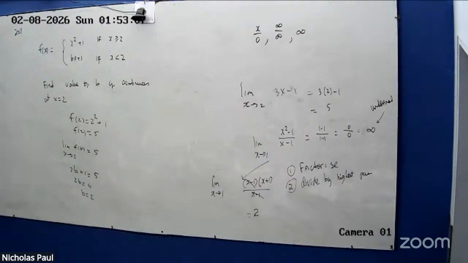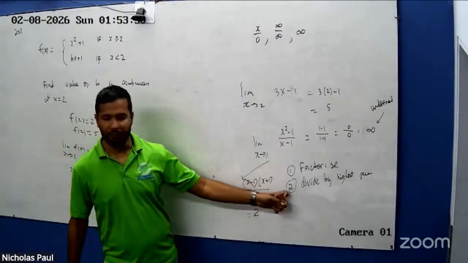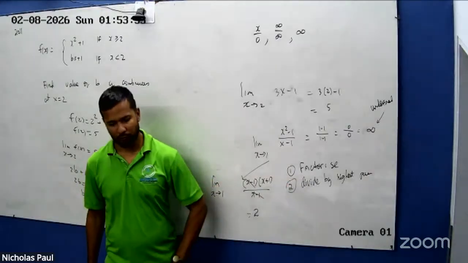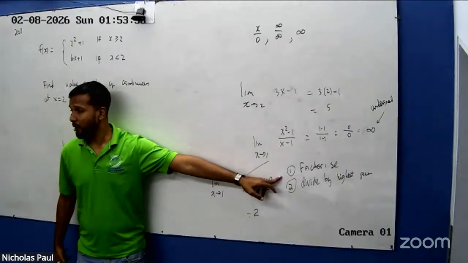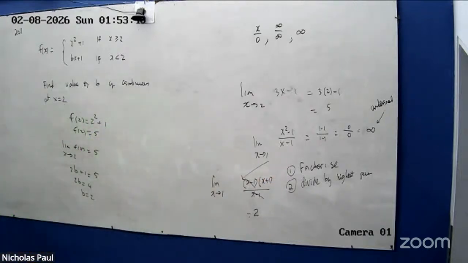If an indeterminate form is obtained, then we can simplify by number one, number two. Number one, factorize. You have to try factorize first. If that doesn't work, then you divide by the highest power.